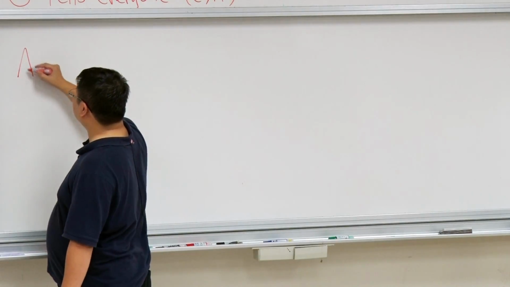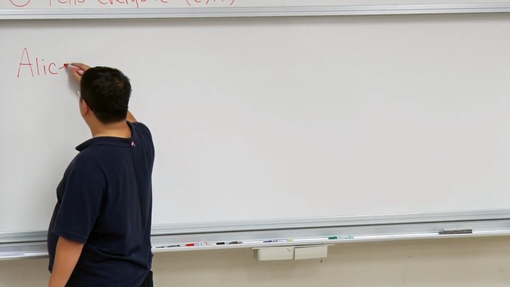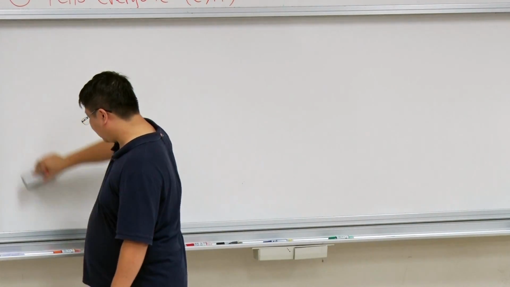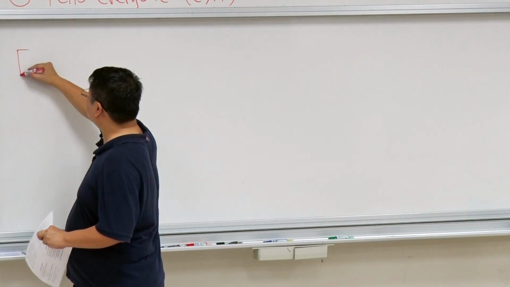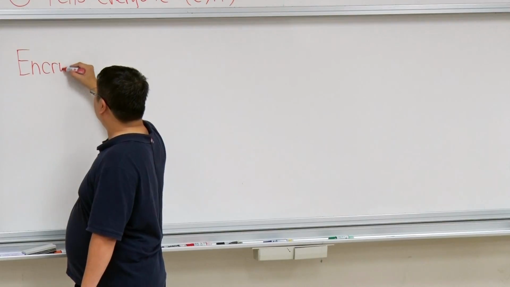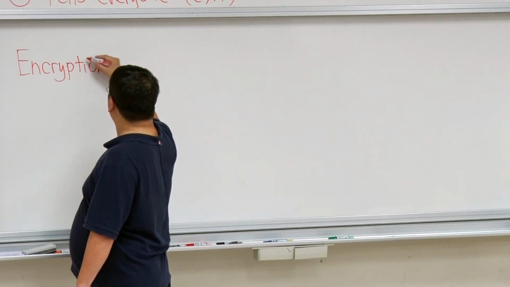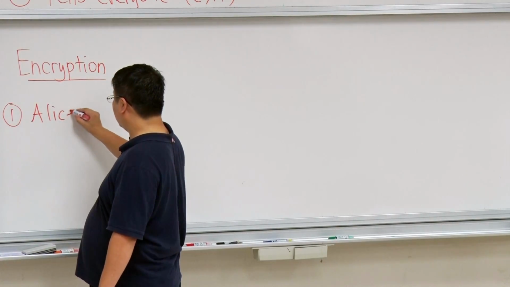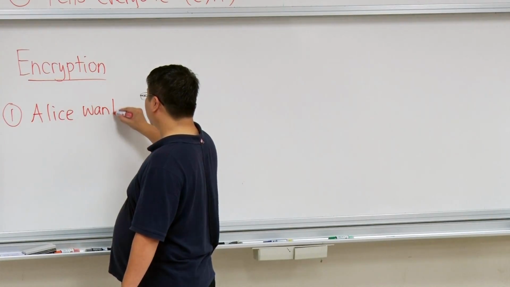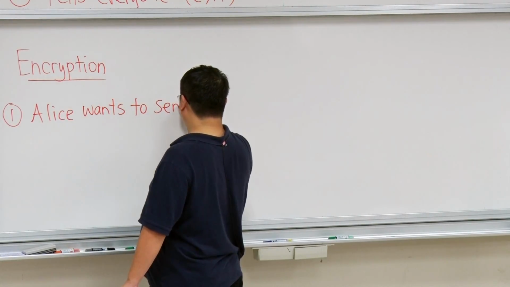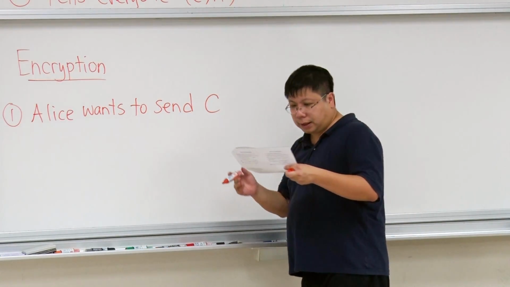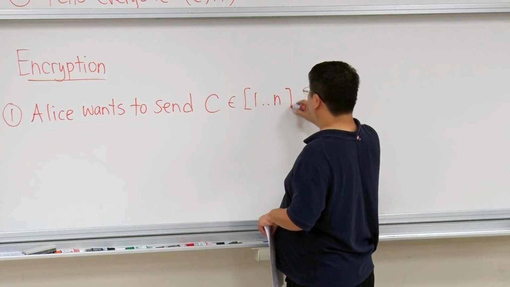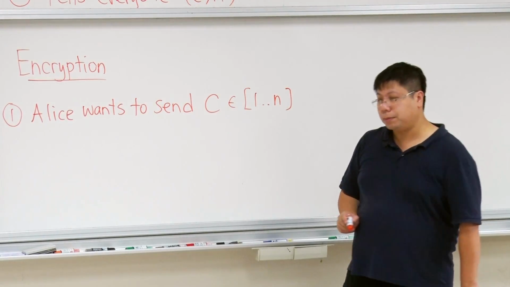Now the receiver, sorry, the sender. What does Alice do? Alice is the sender. Let's see how to do the encryption. We call it the encryption process. In the encryption process, let's say Alice wants to send a message, a number between 1 and n, to Bob.